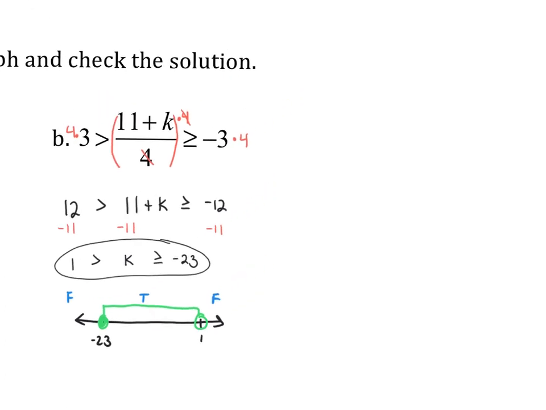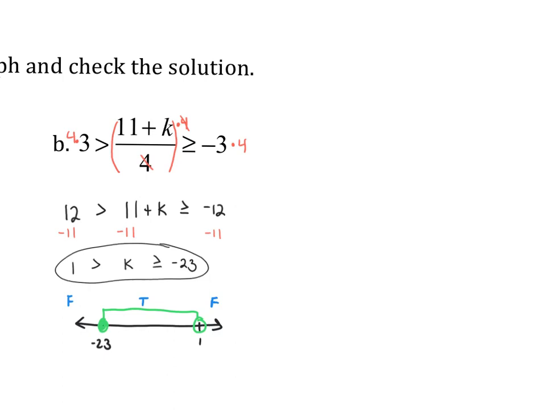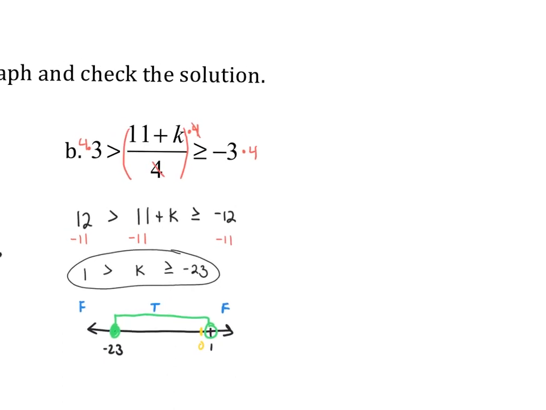So let's finish that up with a check. I'm going to choose a nice number, and notice that 0 is a nice number. So is negative 11. Why is negative 11 nice? Because negative 11 here actually kills this. So with my check, I'm going to choose k equal to negative 11. Again, you'll see in a second why.